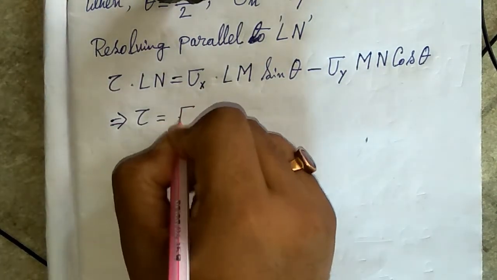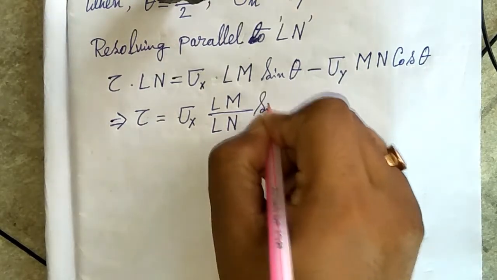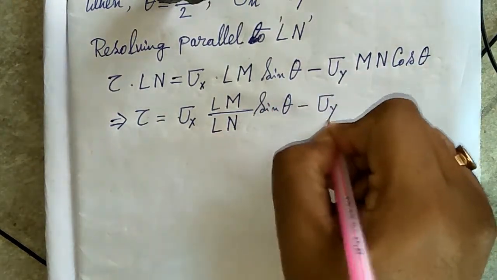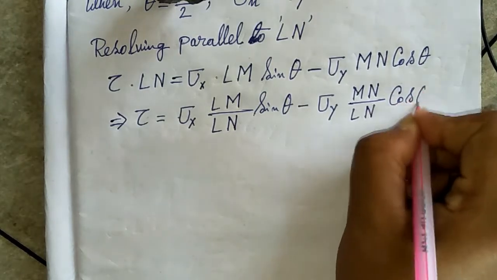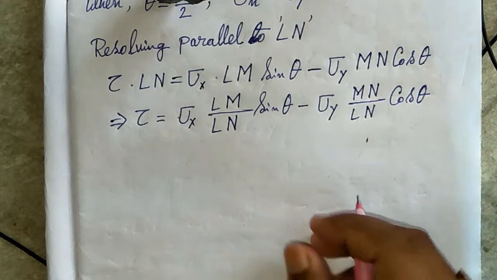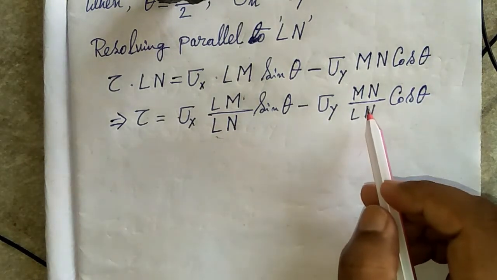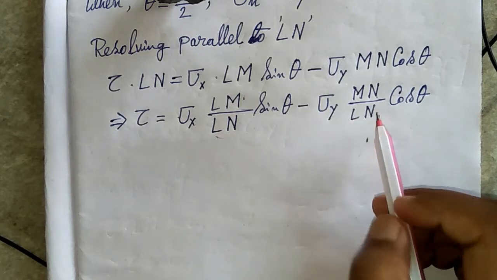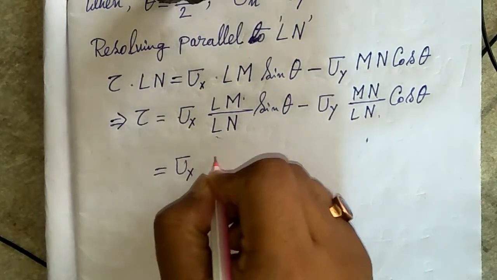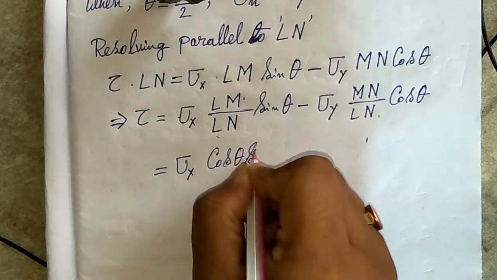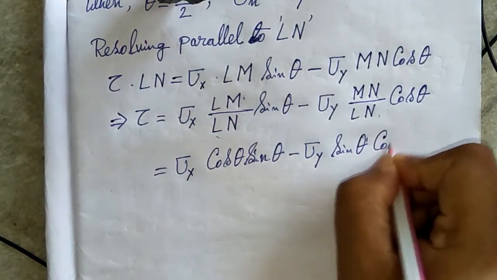So tau equals sigma x into Lm by Ln into sin theta minus sigma y into Mn by Ln cos theta. This is the expression for tau, and Lm by Ln is cos theta and Mn by Ln is sin theta. So tau equals sigma x cos theta sin theta minus sigma y sin theta cos theta.